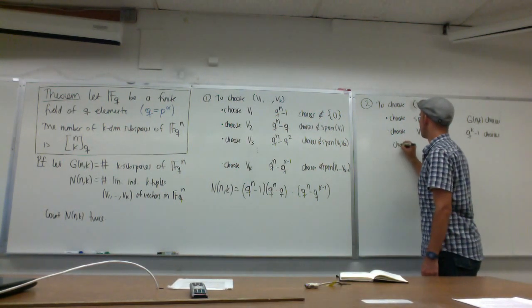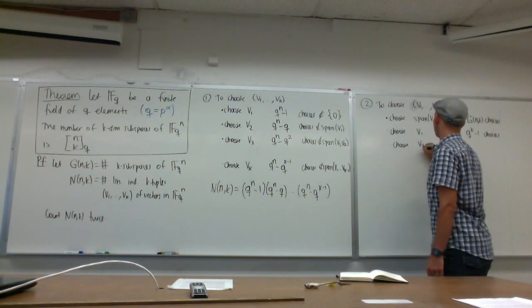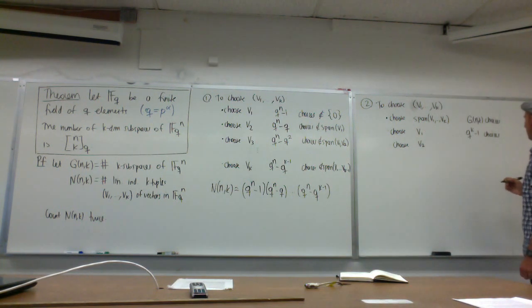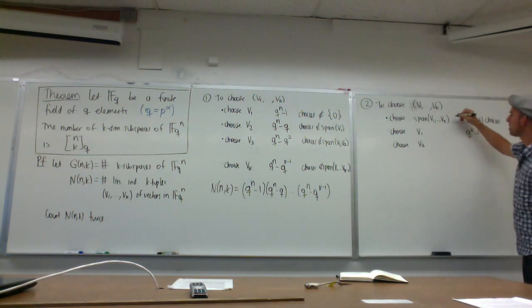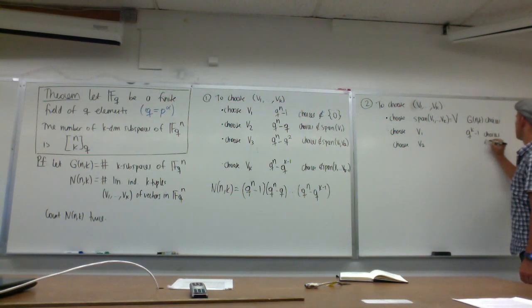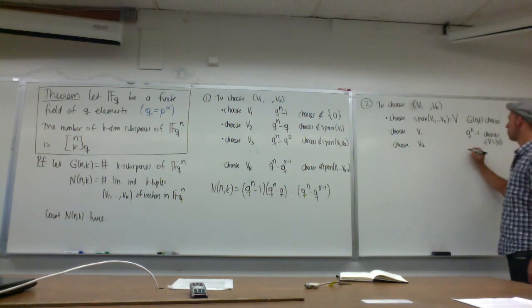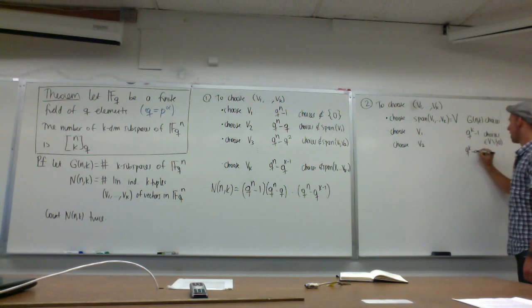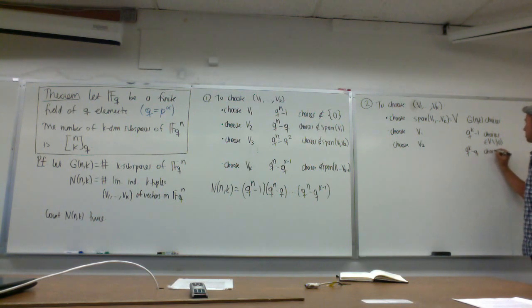Then I need to choose V2. And again, the point is that if I call this vector space maybe capital V, then this should be in V minus 0. Then V2, I have q to the k minus q choices that are in V, but are not in the span of V1, and so on.